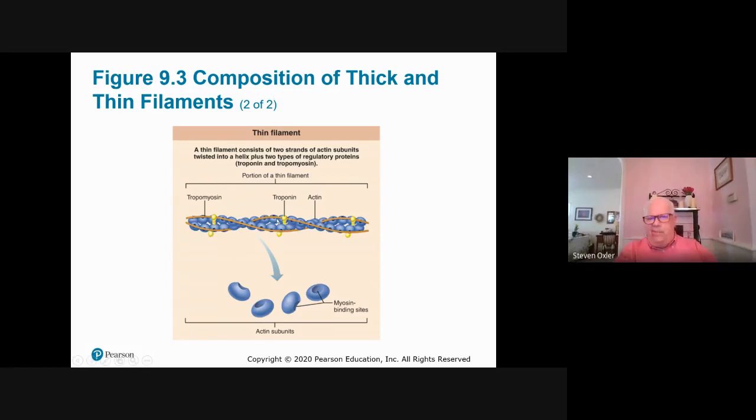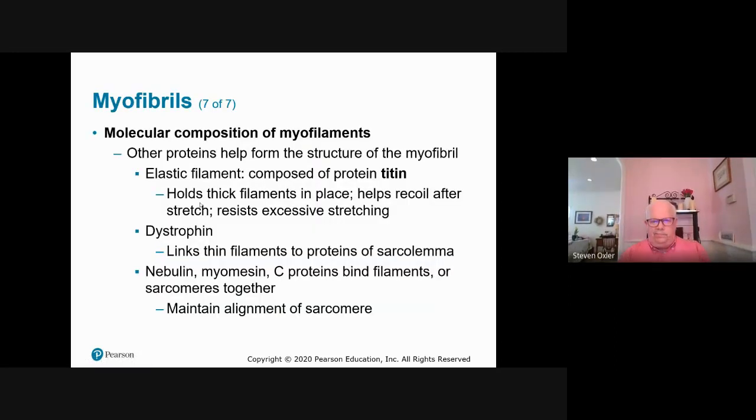So the forming of a cross bridge is the rotation of actin attaching to myosin because of the two regulatory proteins, and those regulatory proteins both begin with the letter T, troponin and tropomyosin. Those are the big four proteins that I want you to know about the myofibril.